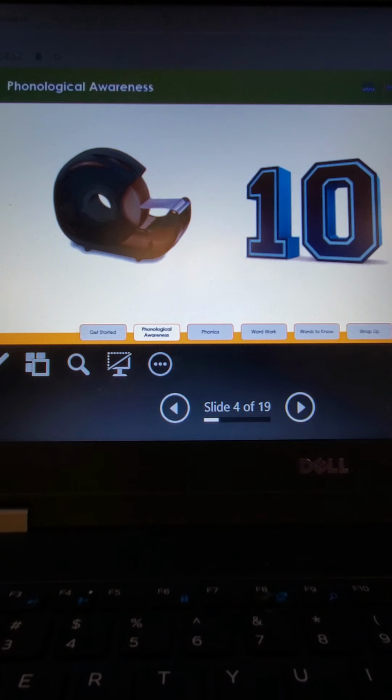What is the same about the sounds in tape and ten? Both words start with the same sound, the T. What is different about the sounds in tape and ten? Tape and ten have different ending sounds. Great job. Let's keep going.